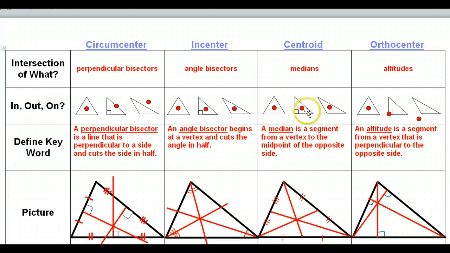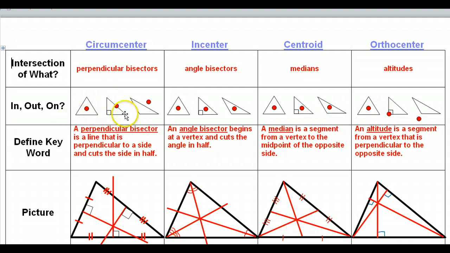Centroid is always inside. Incenter is always inside. So the only two that really can be outside the triangle are circumcenter and orthocenter. And that's both in the case of an obtuse triangle, circumcenter will be outside, and orthocenter will be outside. And in both of those cases, for a right triangle, it's right on the triangle.